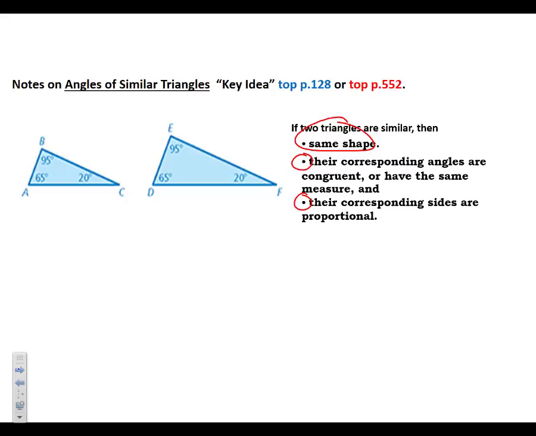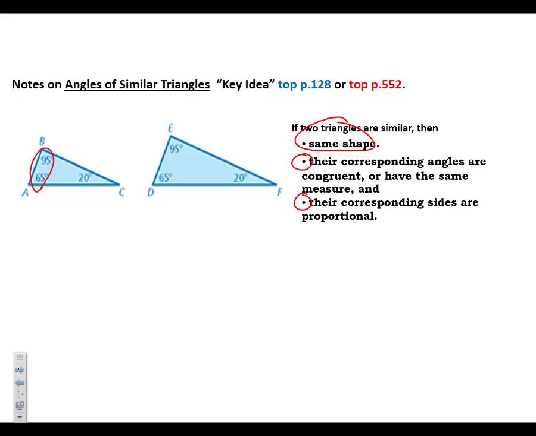So what did you write down? You wrote down that if you have two triangles and two of the angles are congruent. So this triangle ABC, I have these two angles, 65 and 95.